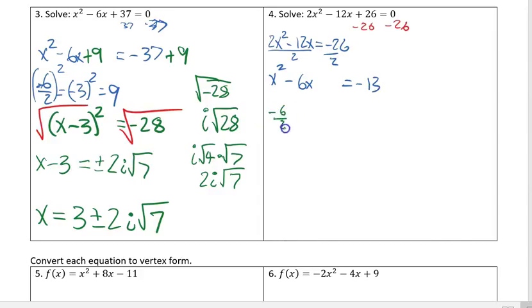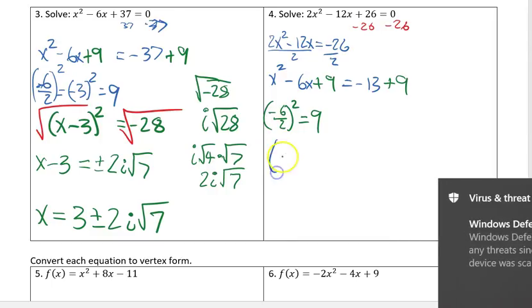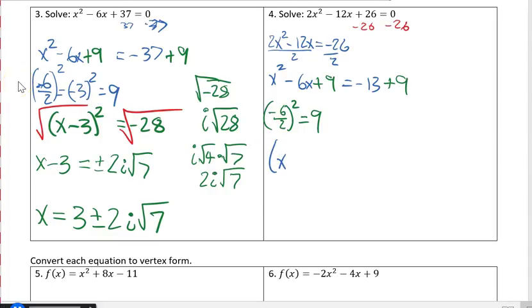Okay, just like the last problem, we do negative 6 over 2 squared, and that equals 9 again. Did I really make 3 examples where it equals 9? I don't know. So add 9 to both sides. And we know the left side is going to be x minus 3 squared. And on the right side, I have negative 4.